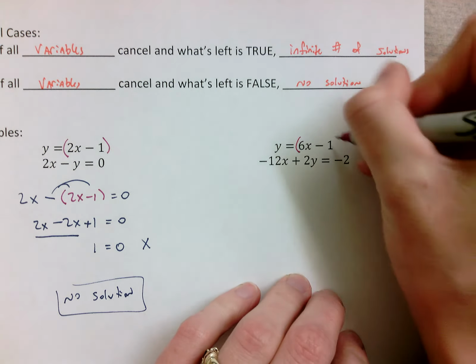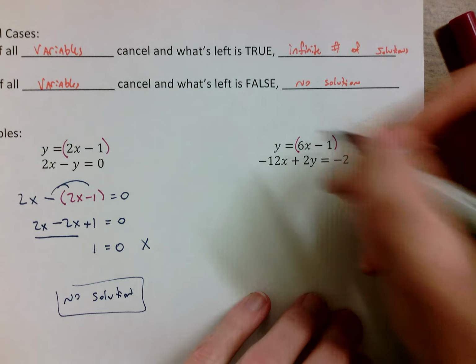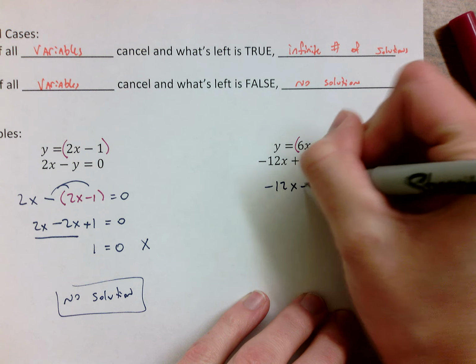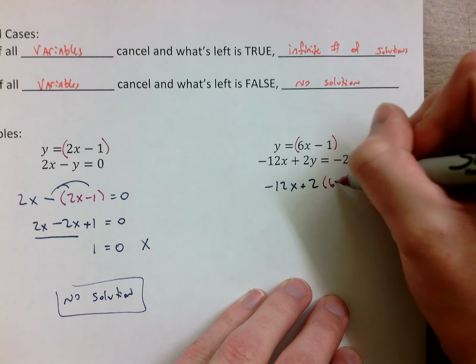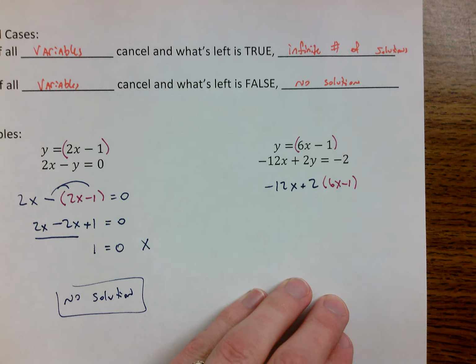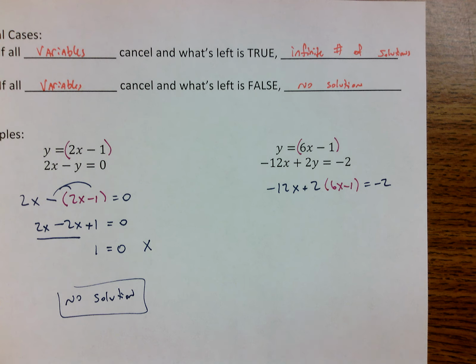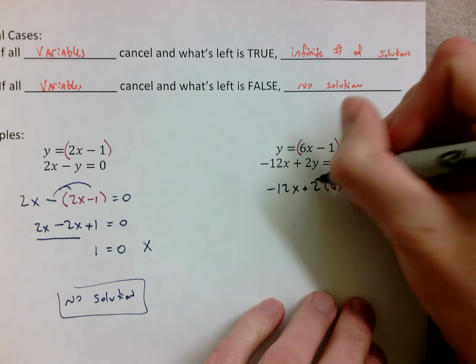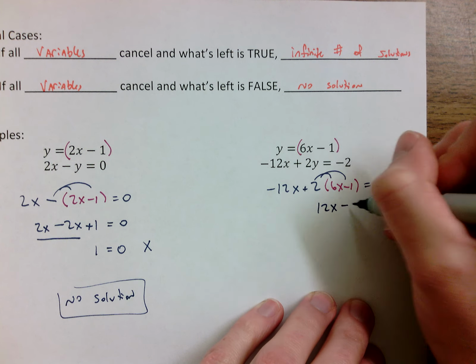Okay, so parentheses around this part. I'm going to rewrite the second equation, but when I get to the y, I'm putting in my parentheses. Don't forget to finish your equation. Okay, and then we're just going to solve this. So I'm going to start by doing a distributive property. So 2 times 6 is 12x minus 2.